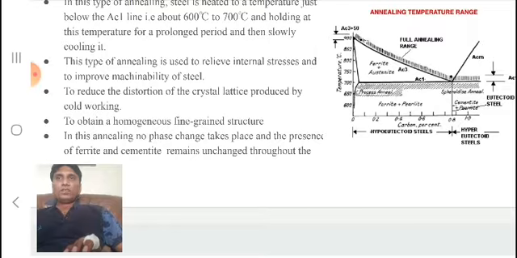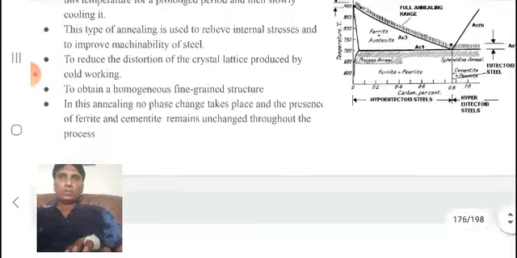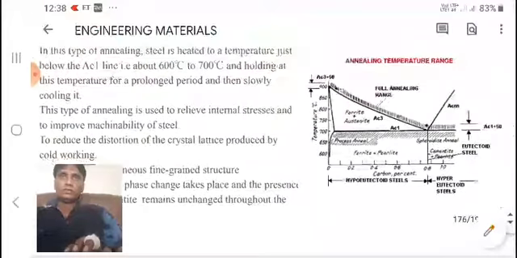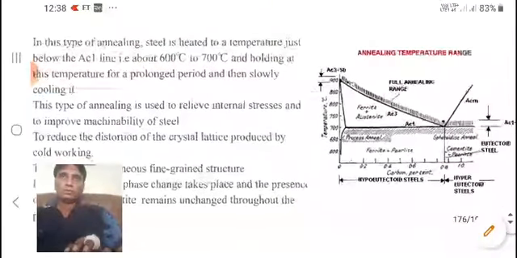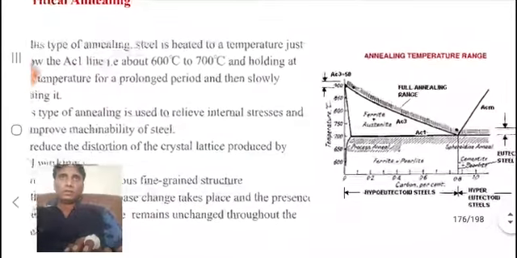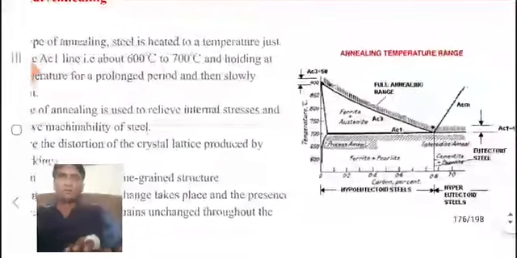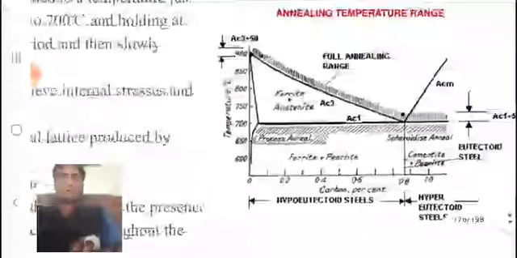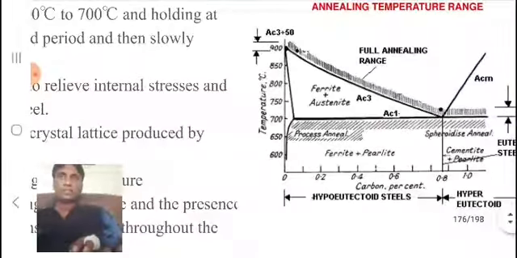In this annealing, no phase change takes place and the ferrite and cementite remain unchanged throughout the structure. So here also we can see this process annealing range.